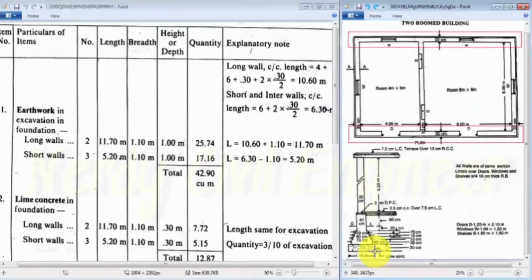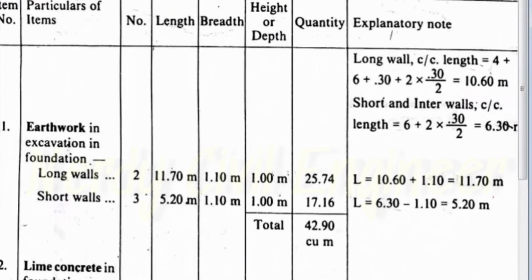That is why plus 2 into 0.30 by 2 equals 10.60 meter. And for short wall also, center to center length is equal to 6 plus 2 into 0.30 by 2 equals 6.30 meter.